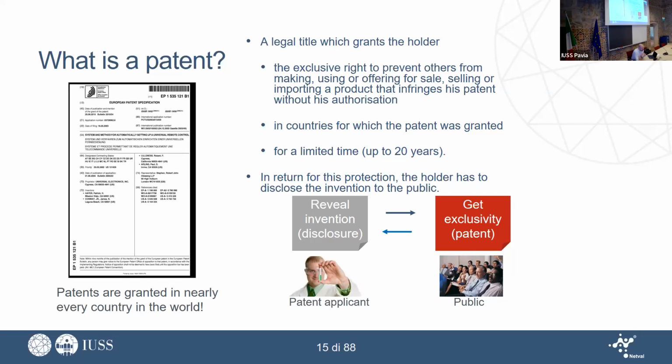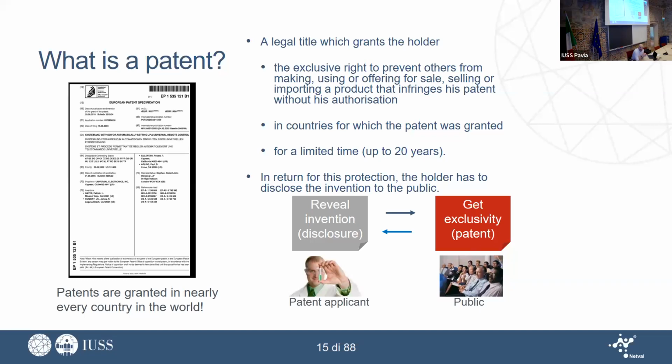In return for the protection, the applicant has to reveal his invention to the public, so others can build on it. When you file a patent, you tell everything about your product, about your invention, and the patent is public.